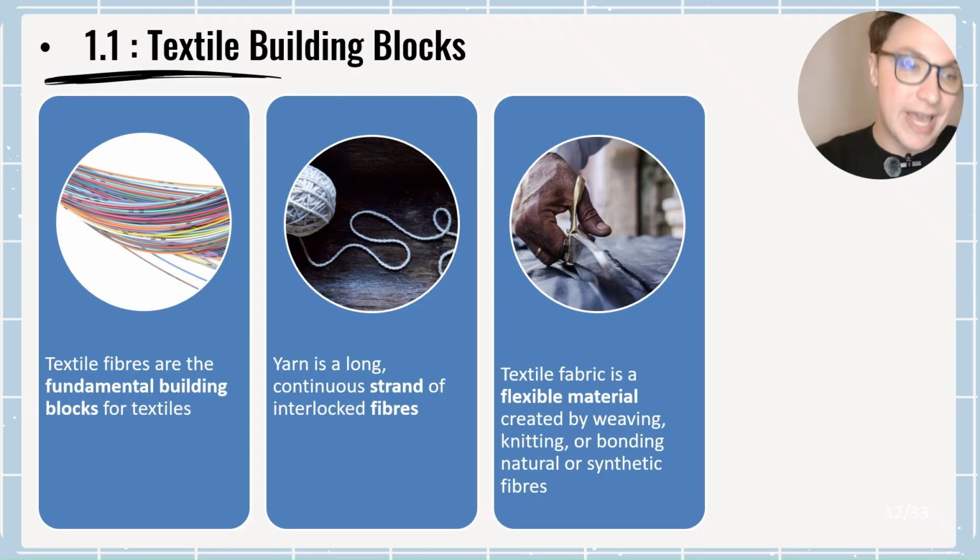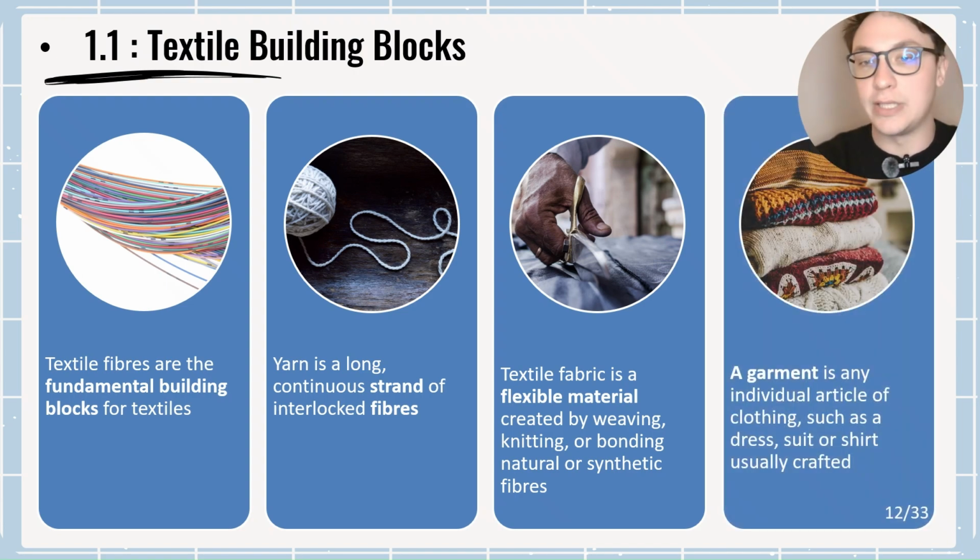In order to make a fabric out of yarn, we have to weave, knit, or bond together natural or synthetic fibers. Last but not least, we have the garment level, which is basically an individual article of clothing, such as a dress, a suit, or any sort of garment you can think about.